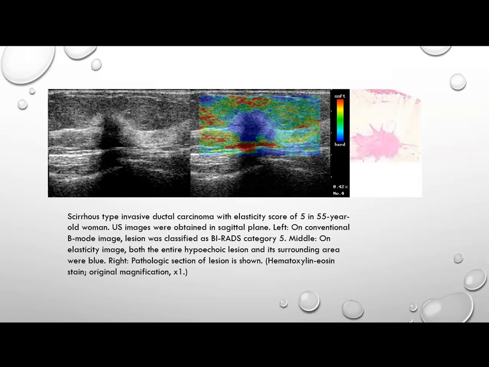Now the thing about tumors or growths in the body is that benign structures tend to be soft and malignant structures tend to be hard. So this area shows a very hard tumor.